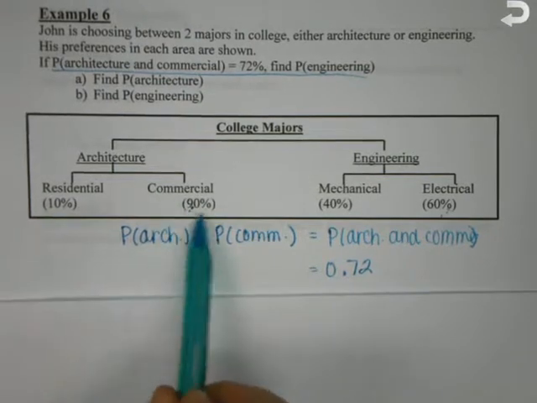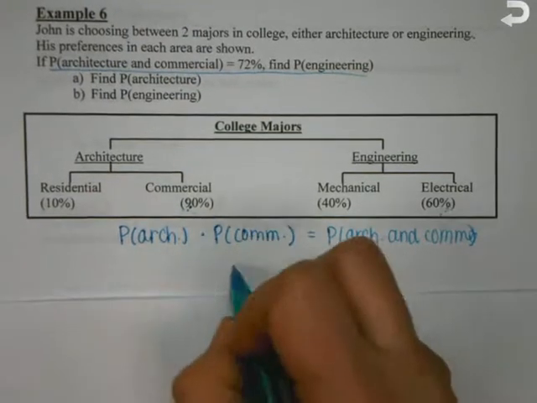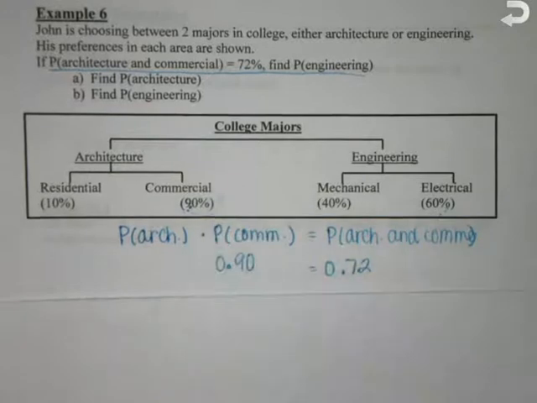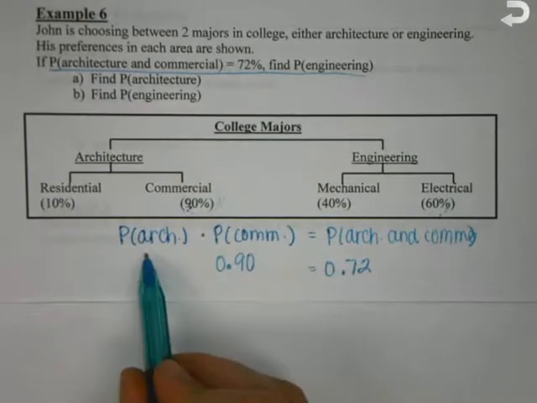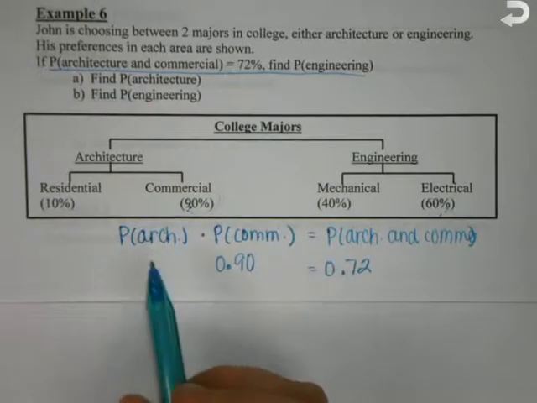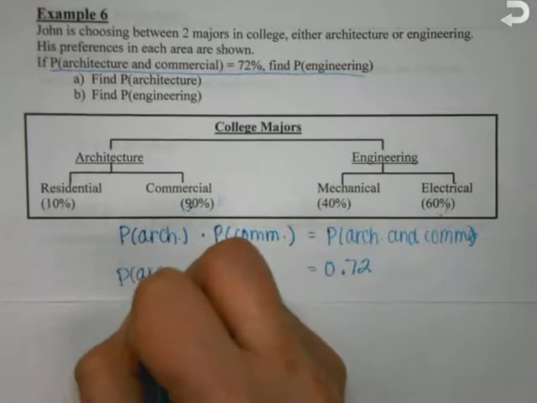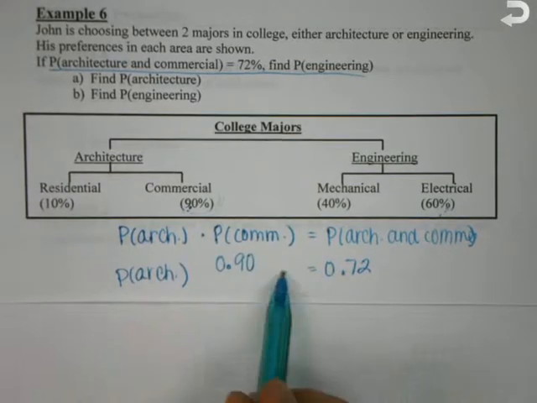So we're just looking for the probability of choosing architecture. How can I get that probability by itself? Divide by 0.9, because it's multiplication.